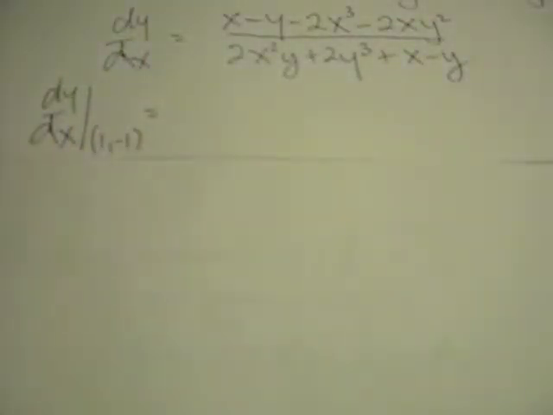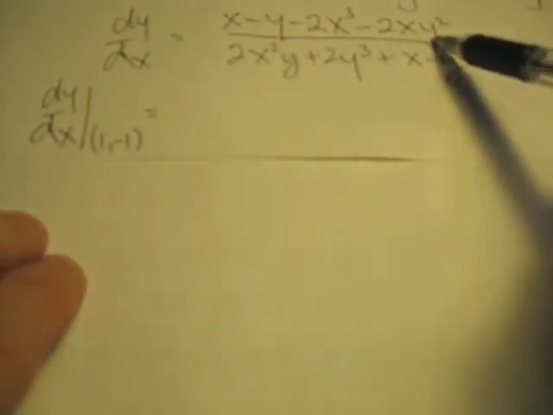Notice here, wherever x is, we're going to put a 1, and wherever y is, we're going to put a negative 1.